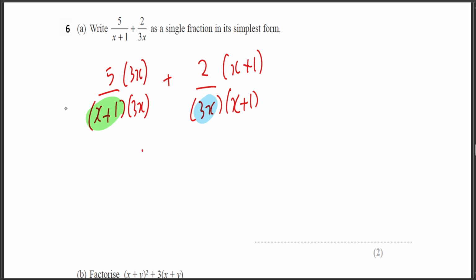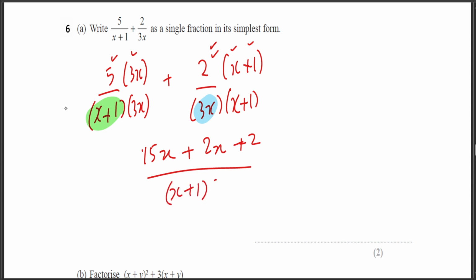So 5 times 3x is 15x plus, 2 times x is 2x, and 2 times 1 is plus 2, over x plus 1 times 3x. So 15x plus 2x is 17x plus 2. You can also open this up.